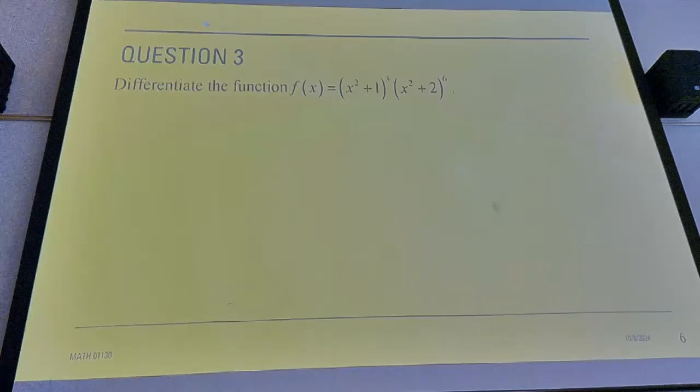So here's what we're going to want to do. You first look at the function. It's not a composite function. It's a product, which tells you you're going to be using product rule. Now, each component for product rule is a composite function.